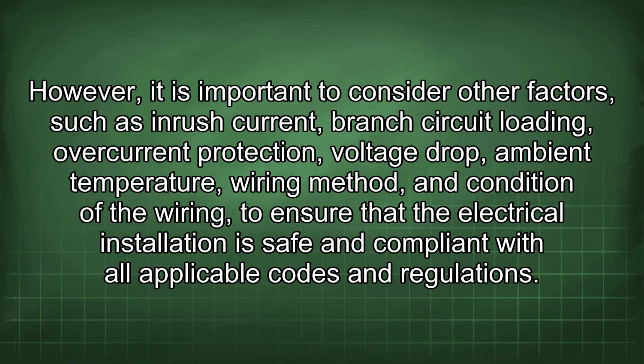However, it is important to consider other factors such as inrush current, branch circuit loading, overcurrent protection, voltage drop, ambient temperature, wiring method, and condition of the wiring to ensure that the electrical installation is safe and compliant with all applicable codes and regulations.